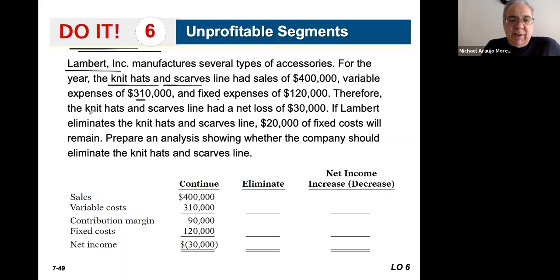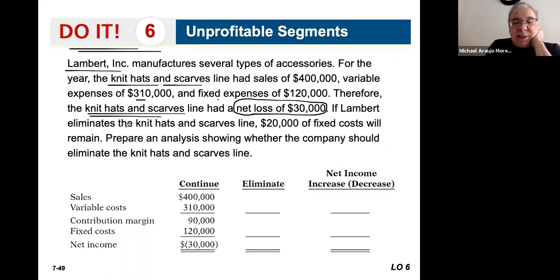Therefore, the knit hats and scarves were losing money. If you only have 400,000 in sales and you have 430,000 in expenses, you are losing money on scarves. Okay, it's not keeping anything warm. Let's put it that way.